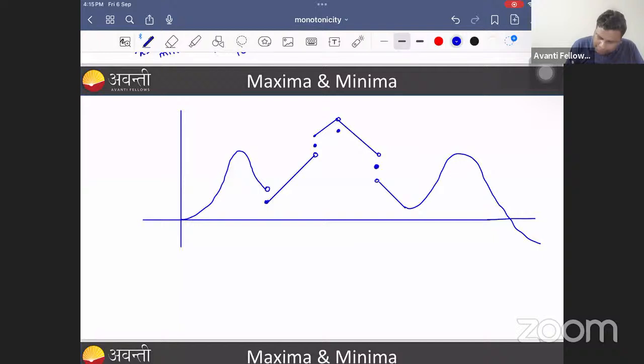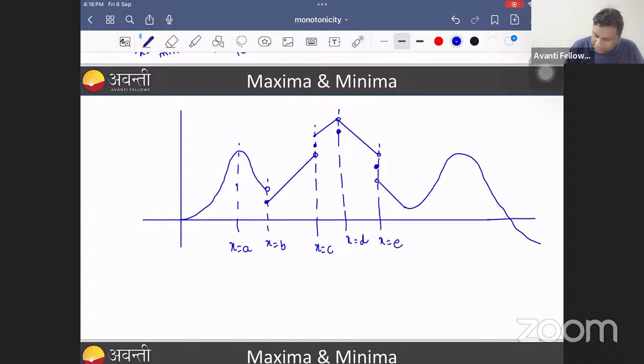Now there are certain points. Say this is x equals a. This point is x equals b. This point is x equals c. This is x equals d. This is x equals e. This is f. And this point is x equals g. Now let us see individually at which point this function is increasing, at which points this function is decreasing, and whatever is happening.